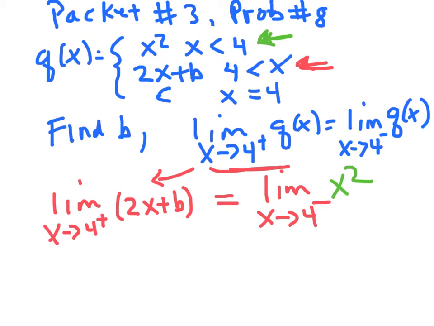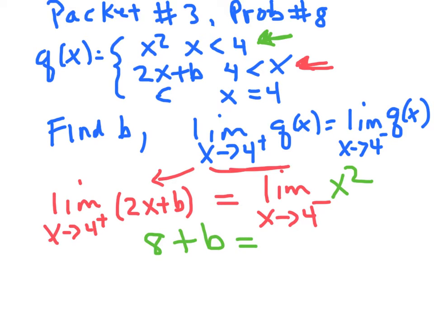And those are the two terms that I want to make sure are equal. So I am asking what would make the function continuous at 4. So I could take my limit and put in 4 and get, on the left-hand side, 8 plus b.